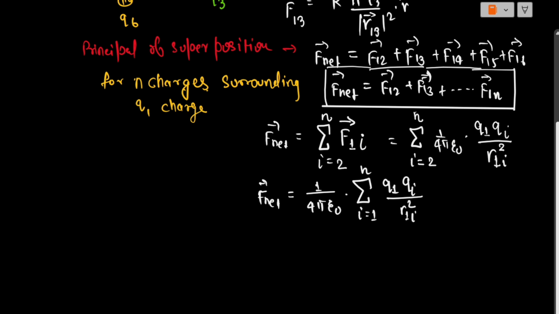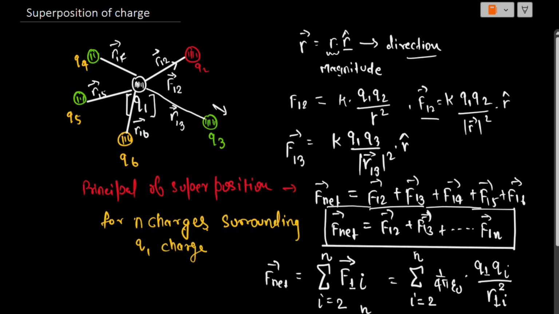Now q1 is also a kind of constant, but it is multiplied by qi, so we write the expression for the net force in this form, right? The charge experiencing the force, q1, is constant, and q2, q3, q4, q5, q6 are variable charges, and the distance between them is also variable.